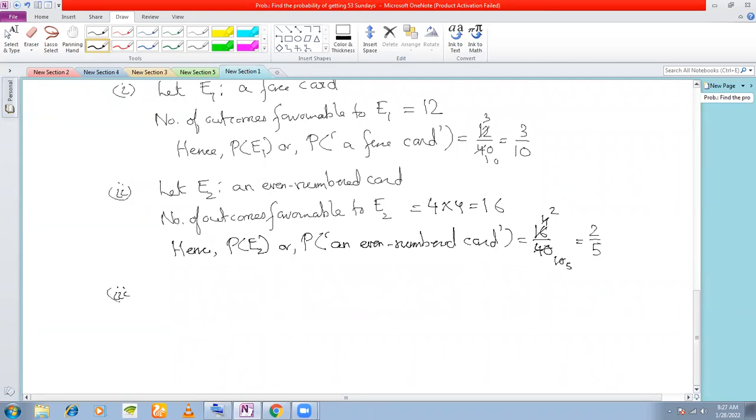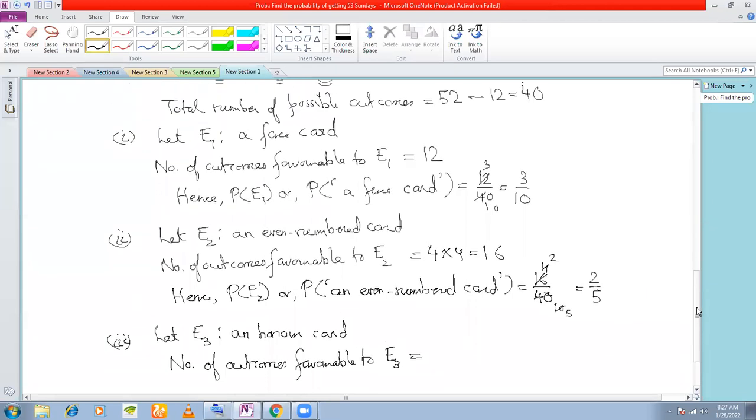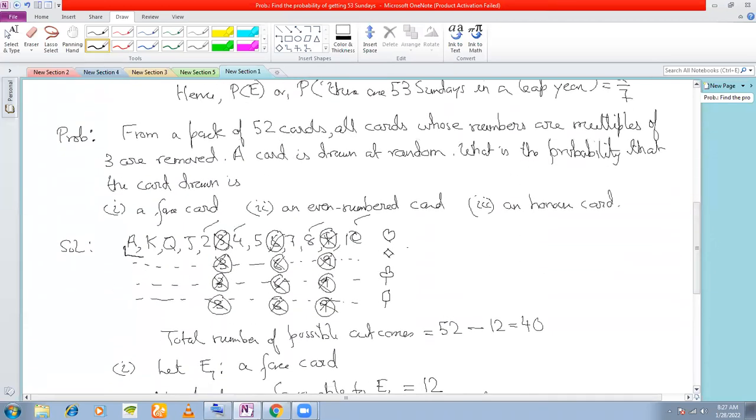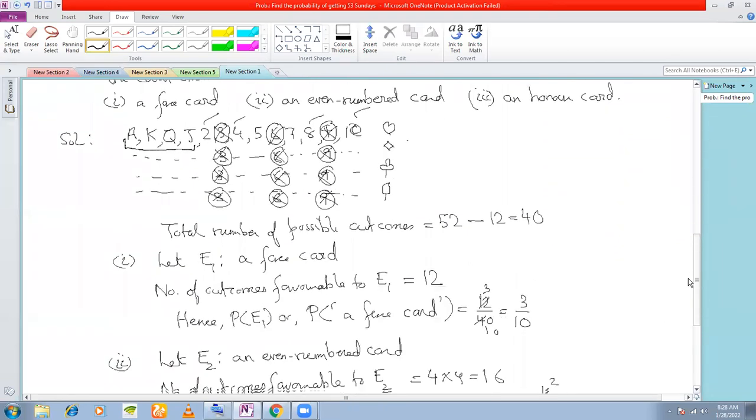And finally, the third question was an honor card. Let E3 be the event of an honor card. The number of outcomes favorable to E3: in each suit you have 4 honor cards, and there are 4 suits, so there are 16 honor cards.